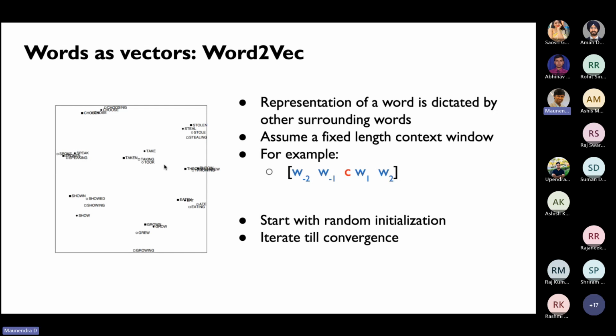Before that, people were using many other techniques for different NLP tasks, and for high level document understanding like clustering and classification, they were getting reasonable to good accuracies.